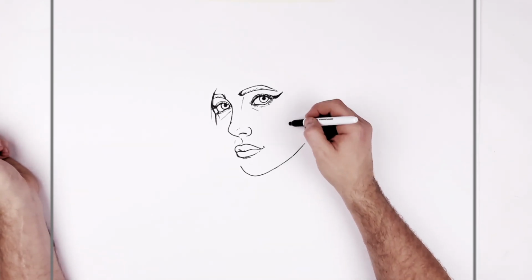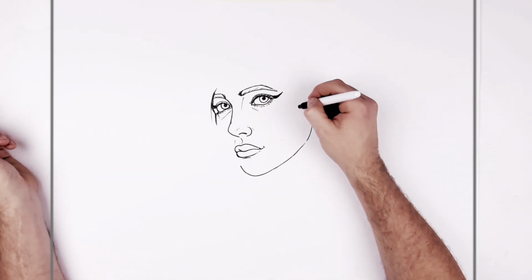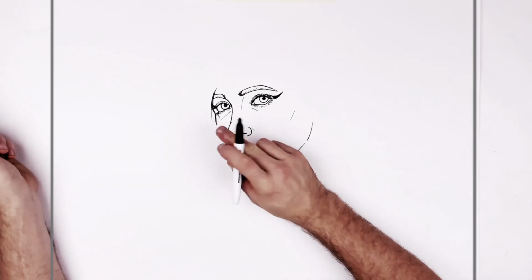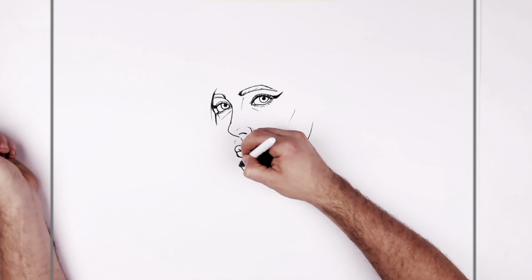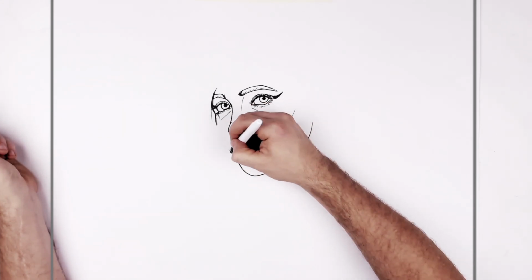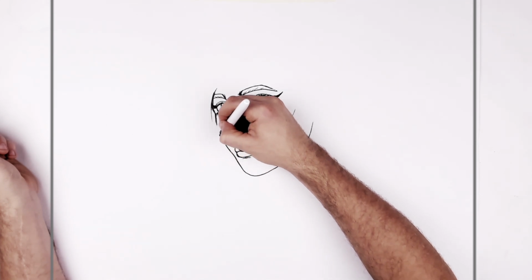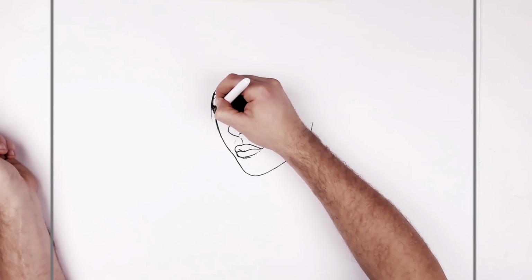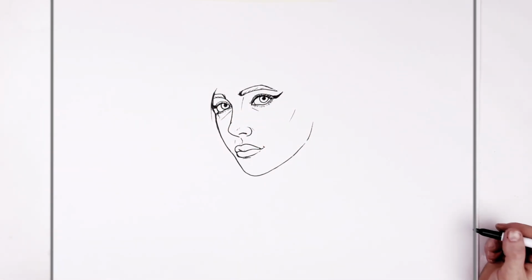You've got a round sort of cheekbone there. And then on this side, it curves in towards her lip and then out around her cheek and up towards the eye. Just around there.